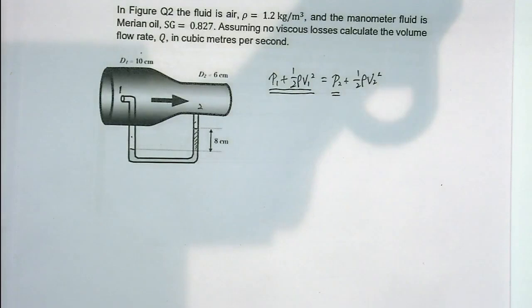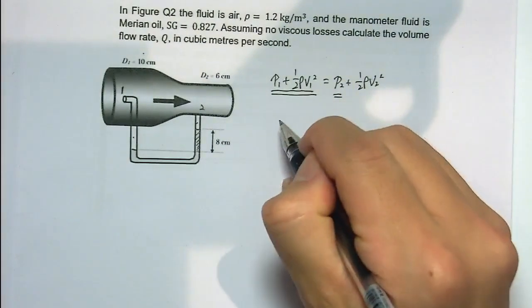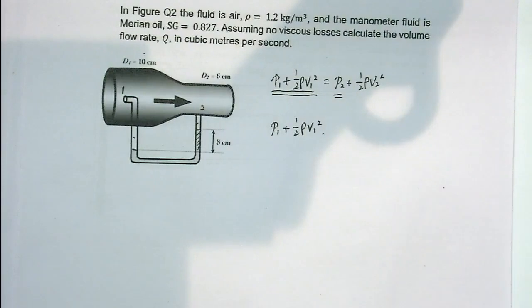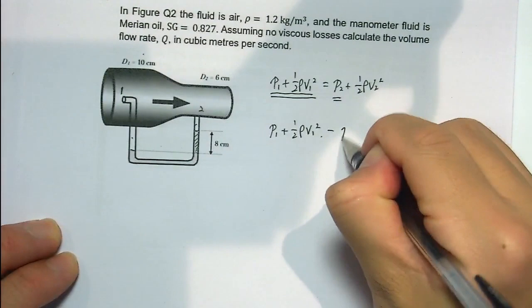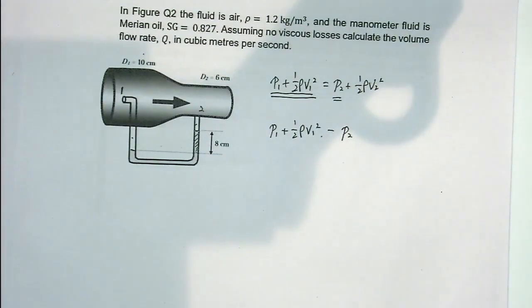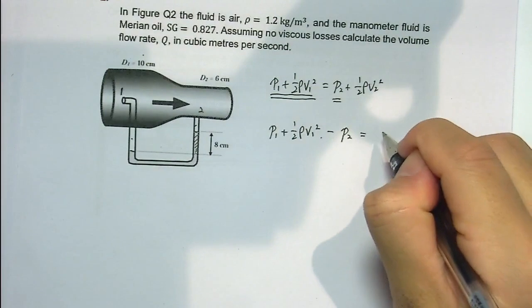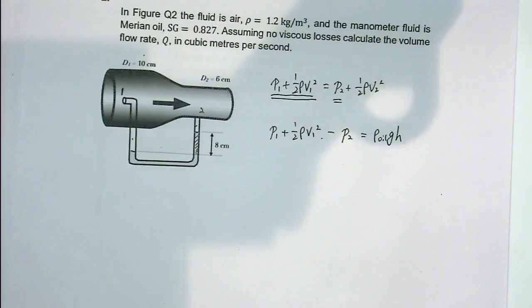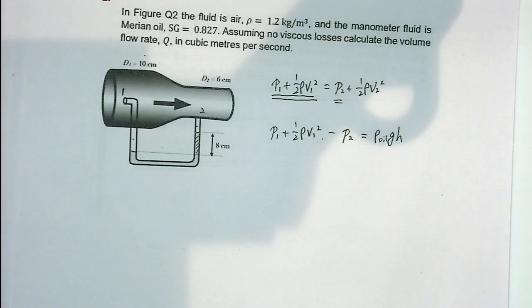So we got the difference. So P1 plus half rho V1 squared, which is the pressure at the left-hand side pipe, minus P2, which is the pressure at the right-hand side pipe. The difference gives the rho oil gh, gives the height difference.